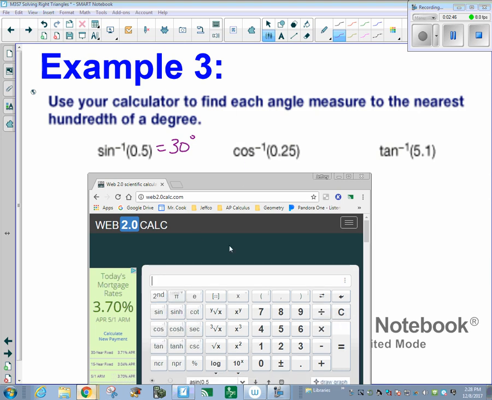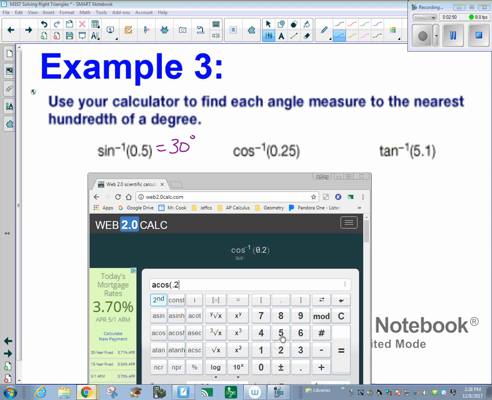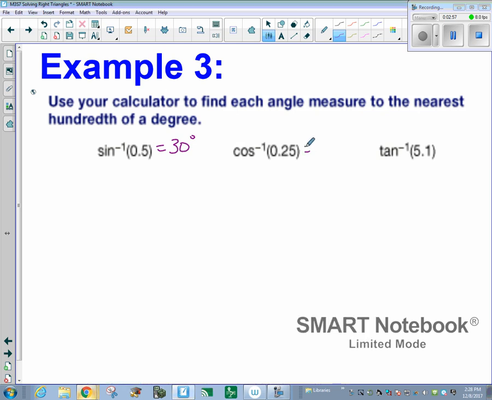So now we're doing arccosine. We go second cosine of 0.25, and when I hit equal, it is telling me that it is 75.5 degrees.